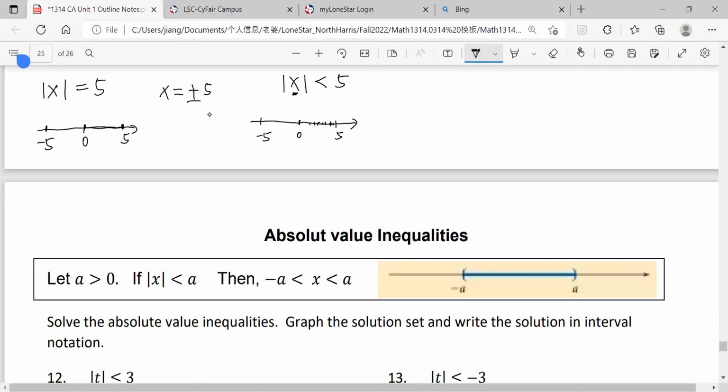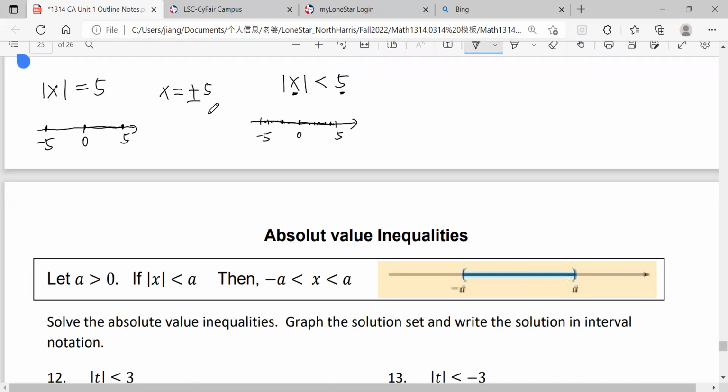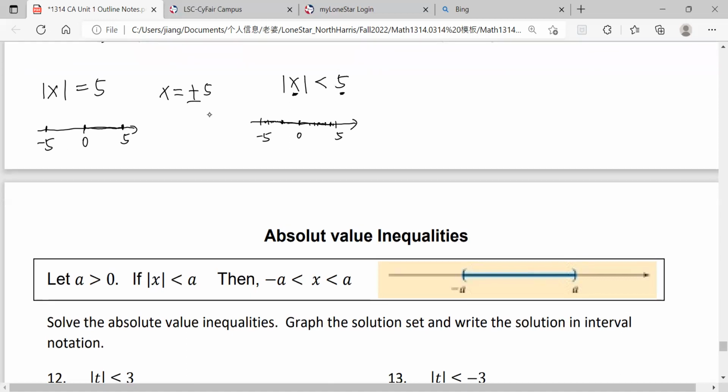So the distance from here to 0 is less than 5. And also I can choose a point from here. So the point here to 0 is less than 5. The distance is less than 5. That means x could be any point between -5 and +5.